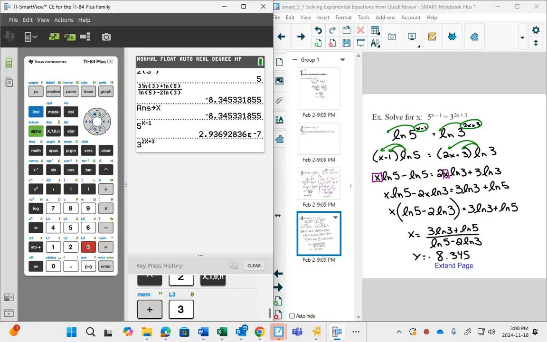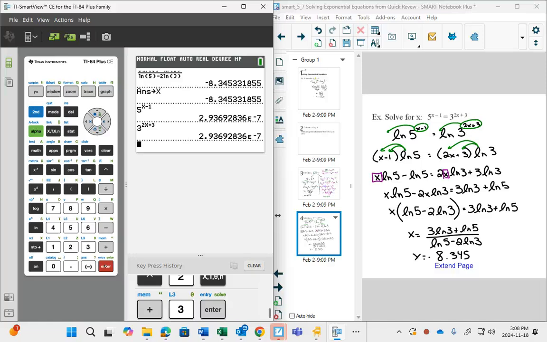If this is the same number as the one before, then I know I've done everything right. If it's not, then I know I've made a mistake somewhere and we're going to have to find it. Phew. Thank goodness.